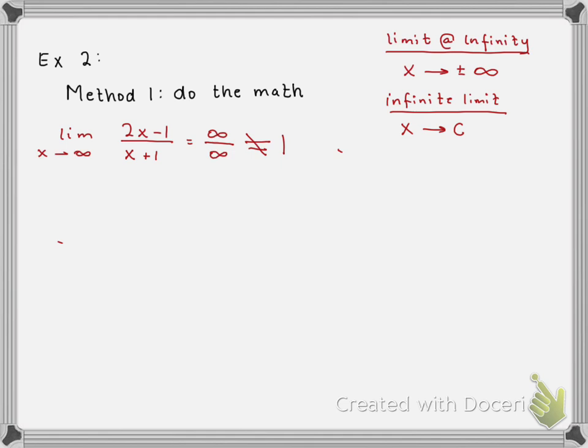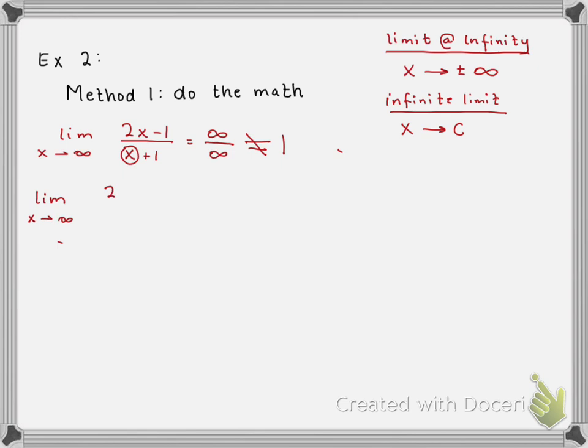There is another way, and we are going to examine that by doing the math. We are going to divide everything by the highest power of x that is in the denominator, which is x to the first.